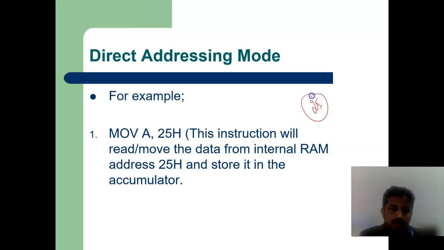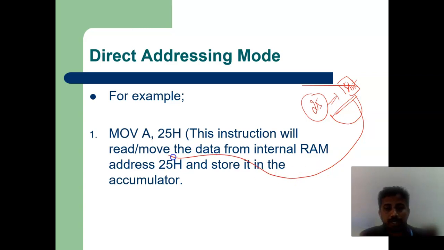So in the data memory of the 8051 microcontroller, we specify 25. It will go to memory location 25, and whatever 8 bits of data is in that location, it will be collected and stored into the destination.